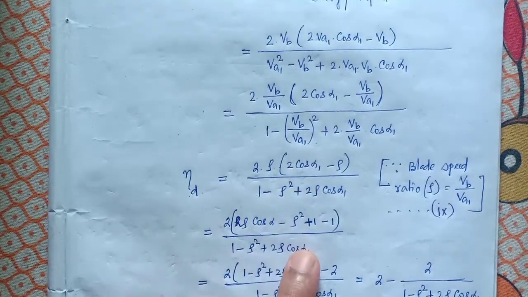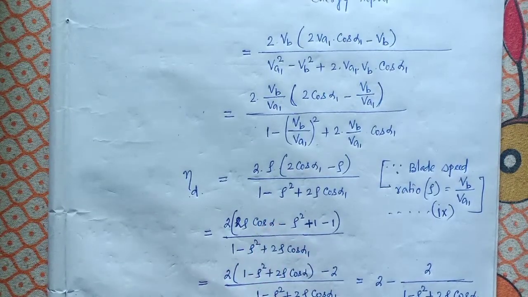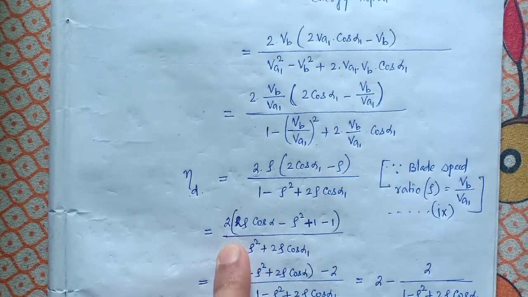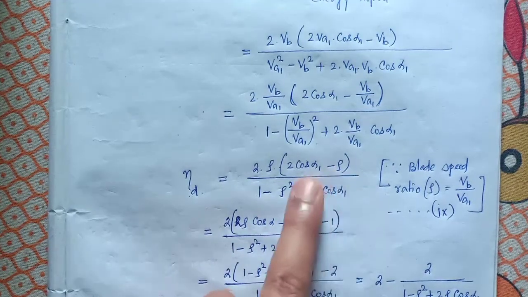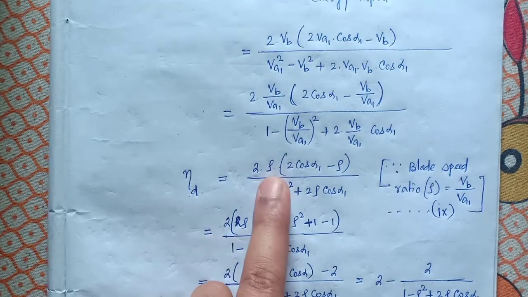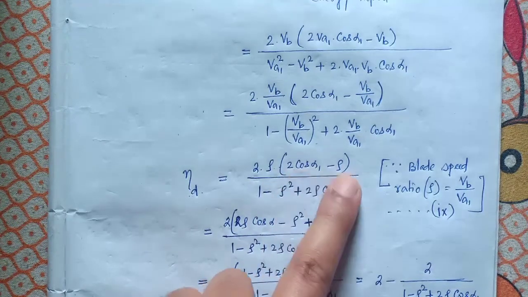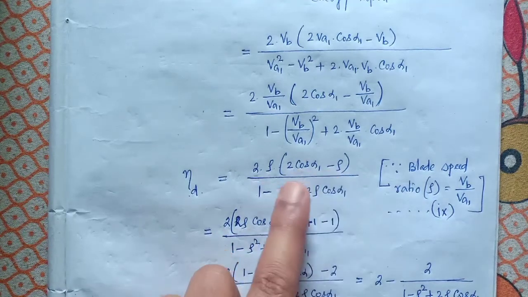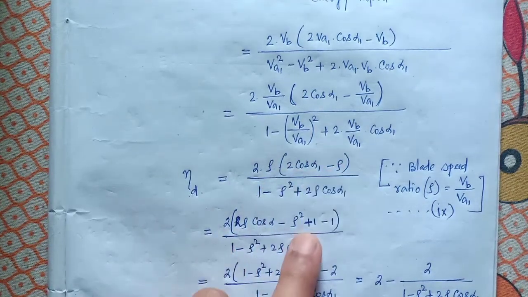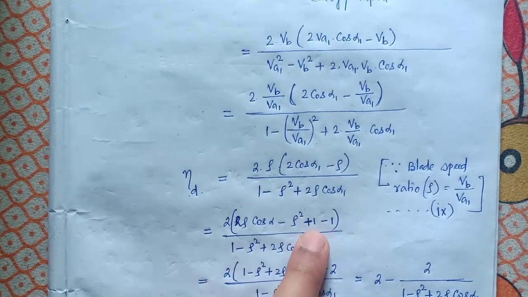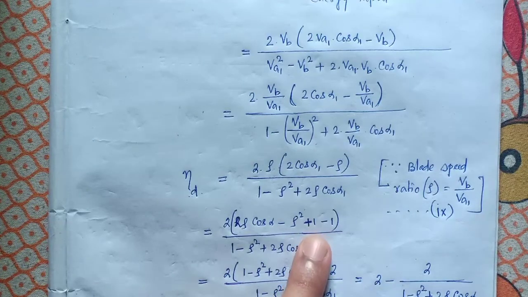Make it simpler, because we need to do something better for getting the maximum efficiency. Now look, add 1 and subtract 1. So we multiply this rho with this one and this one: 2 into 2 rho cos alpha minus rho square, after multiplying rho with rho and adding 1 and subtracting 1, to make the equation simpler and easy to understand.